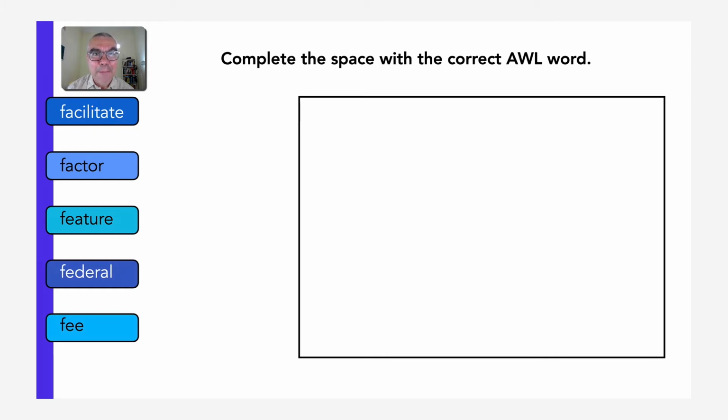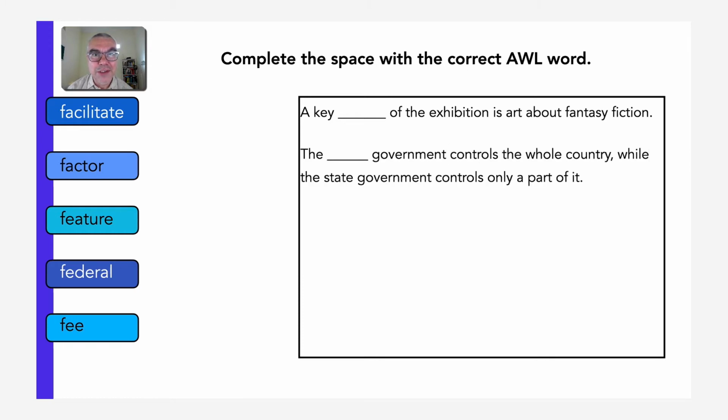A key blank of the exhibition is art about fantasy fiction. The blank government controls the whole country, while the state government controls only part of it. Rising water temperature is an important blank in the death of coral reefs.